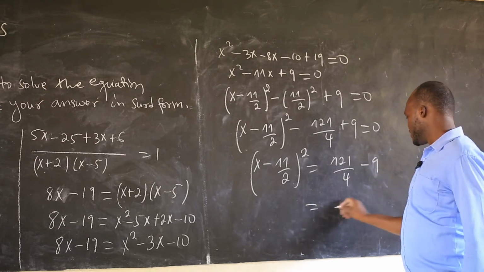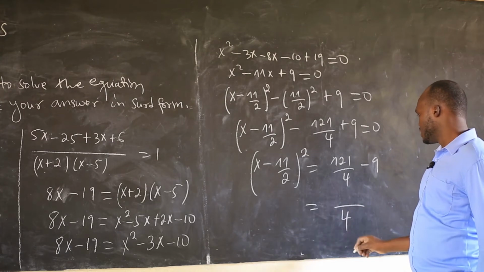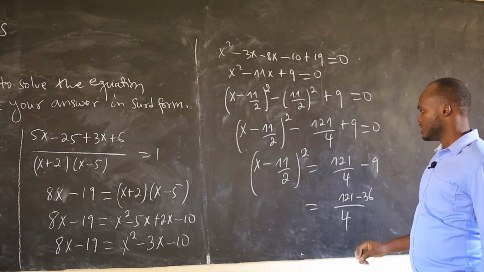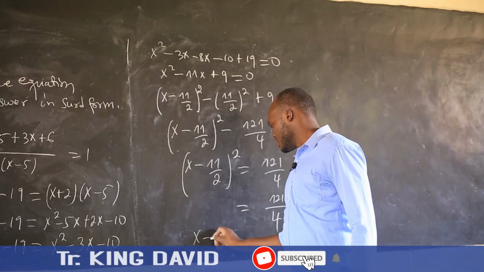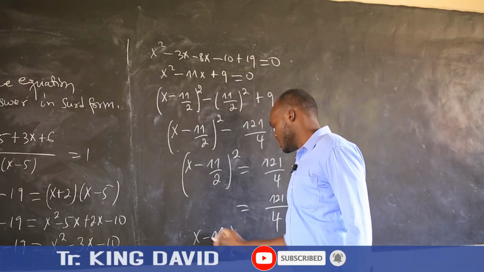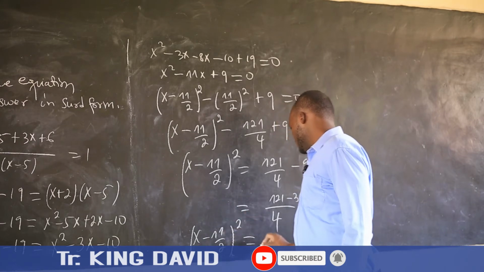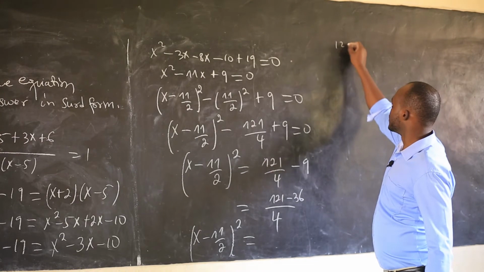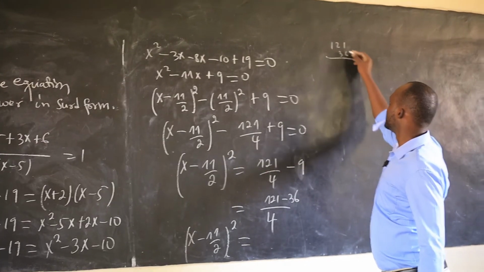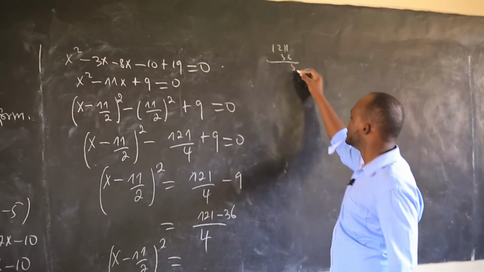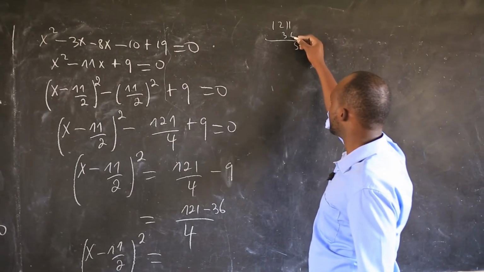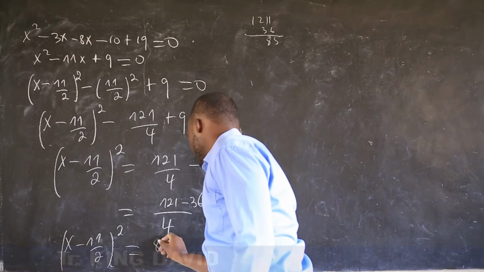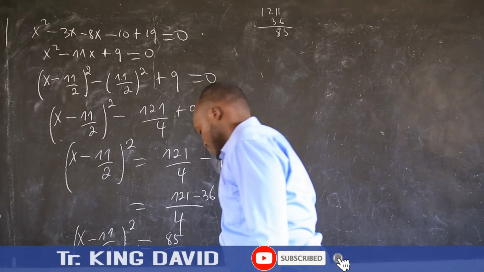Finding a common denominator of 4, we get 121 minus 36, that is 85 over 4.